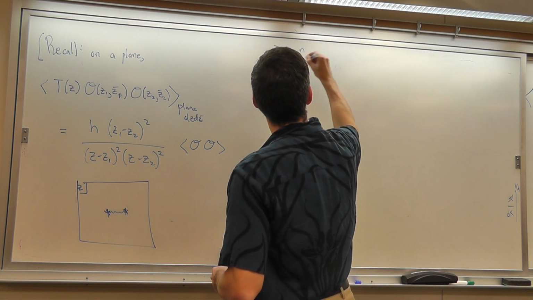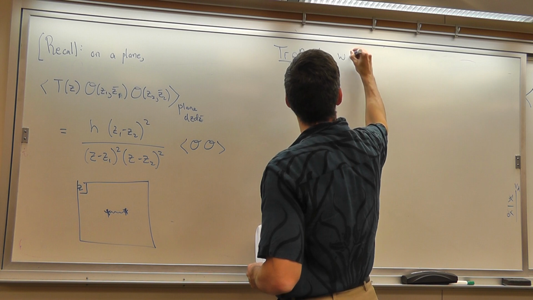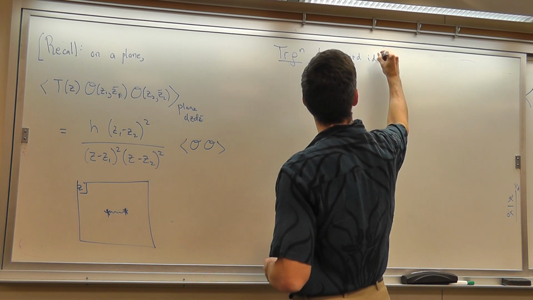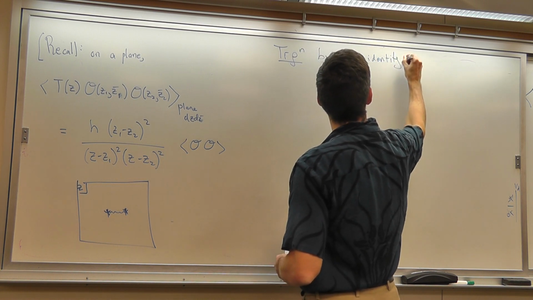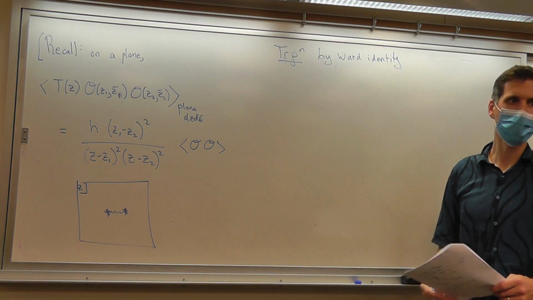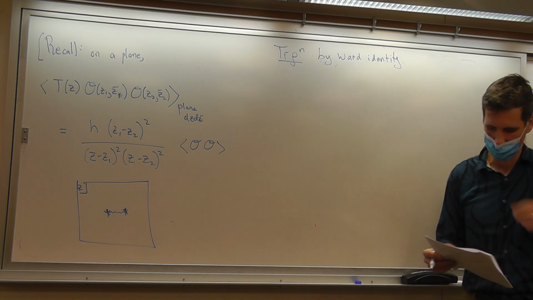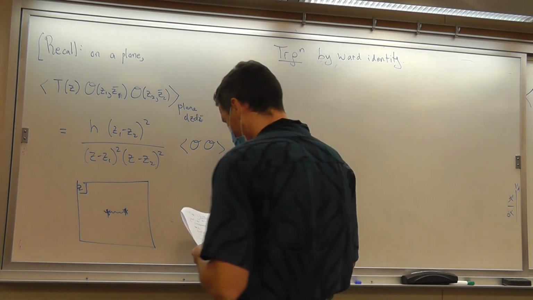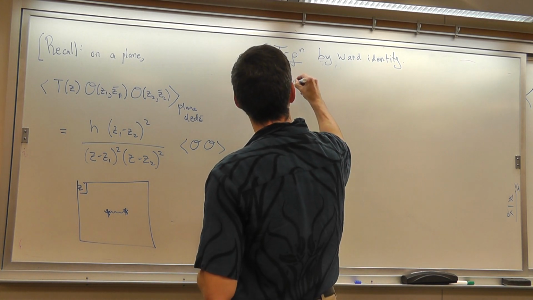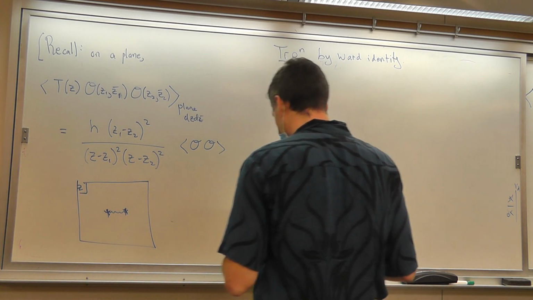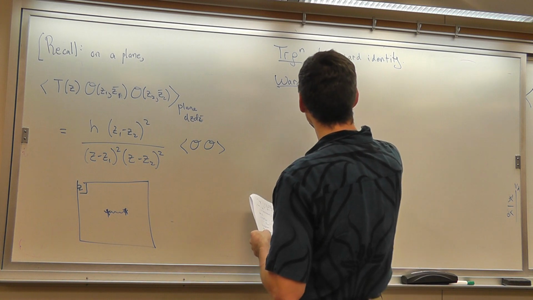Okay, we're almost there. We've calculated the stress tensor, but what we really want is the partition function. We're going to extract that using the Ward identity. Again, this is a formula that we've seen.